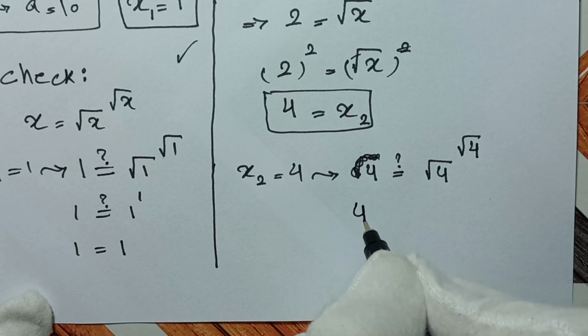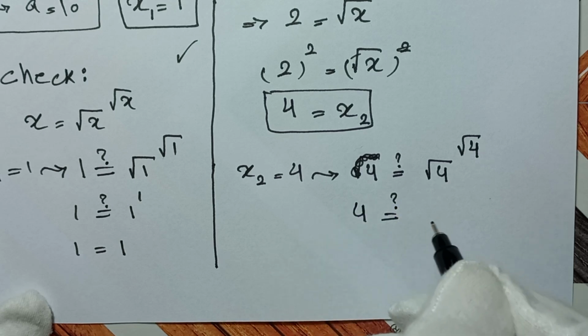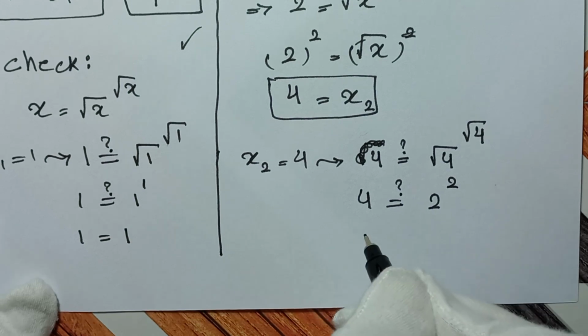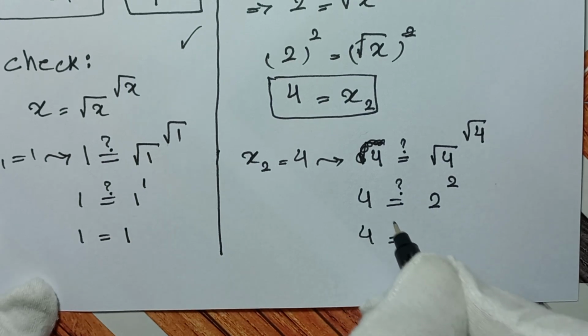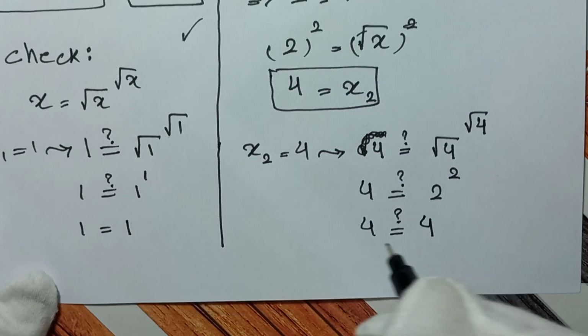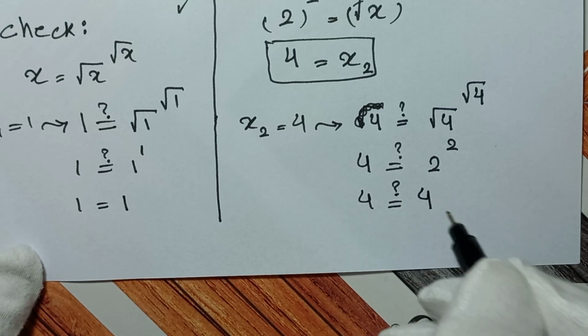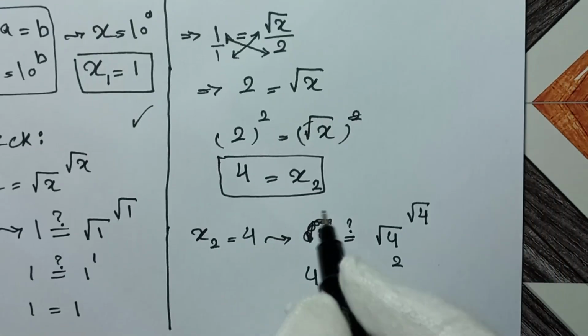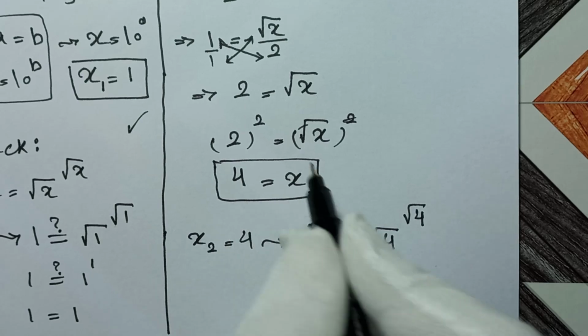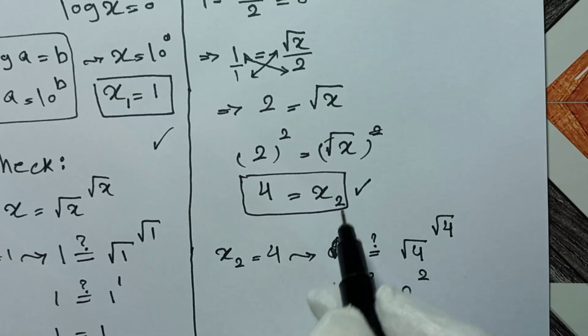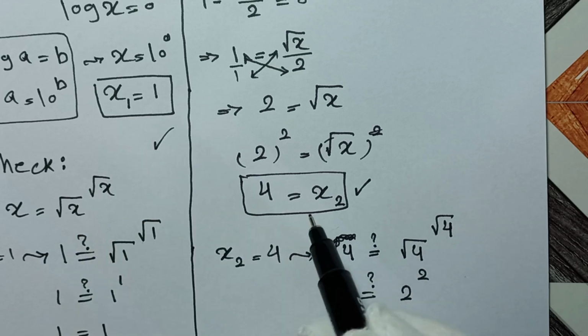And it will be 4 equals, square root of 4 is 2, and to the power of square root of 4 is 2. And it will be 4 equals 4. So here, also right hand side and left hand side are equal. So also this value is true. So we have two answers for x, x1 is 1 and x2 is 4.